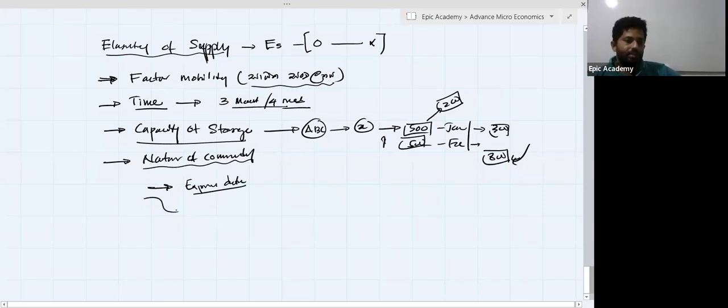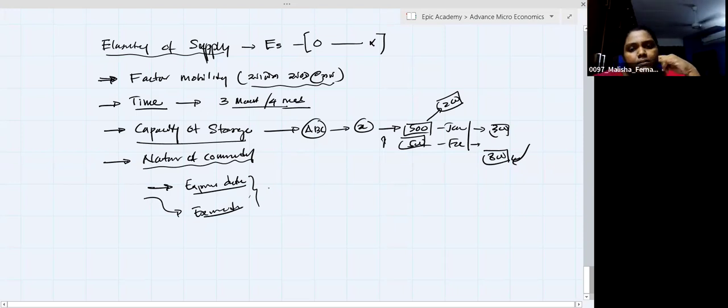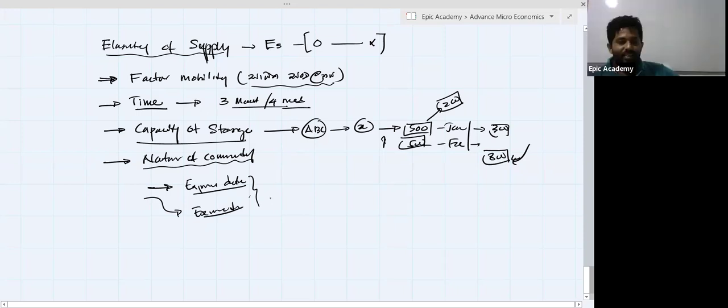Some commodities don't have an expiry date, isn't it? So just consider the pen you are going to use to write something. Is there any expiry date on that pen? No. Okay. So then you can produce goods and services without considering the price of the commodity, because someday you can sell it.